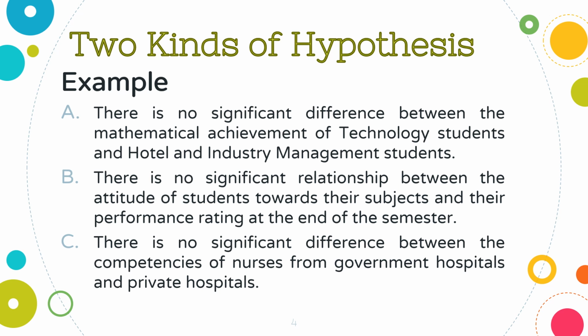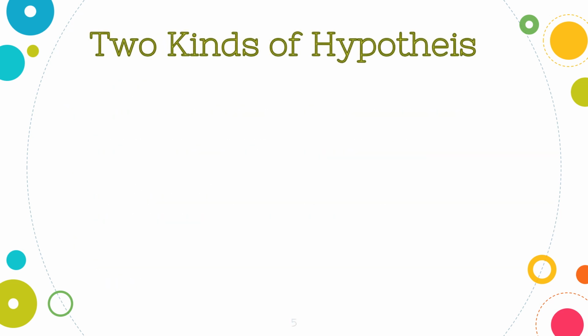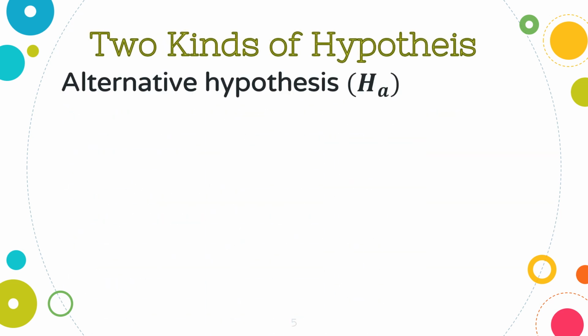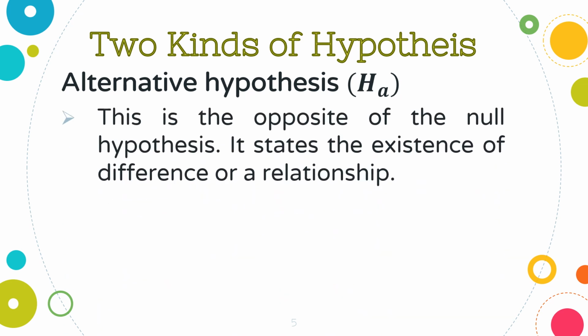The second kind of hypothesis is the alternative hypothesis, or we call it HA, or sometimes we call it the research hypothesis. So this is the opposite of the null hypothesis. It states the existence of difference or a relationship.